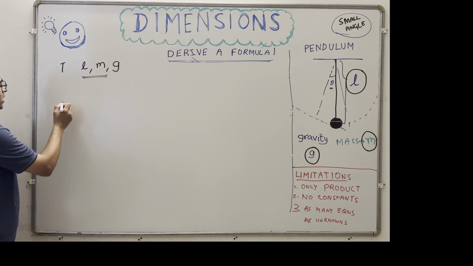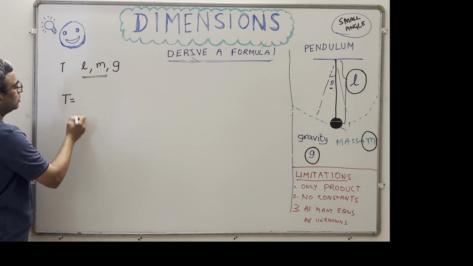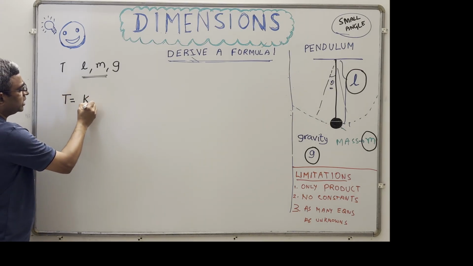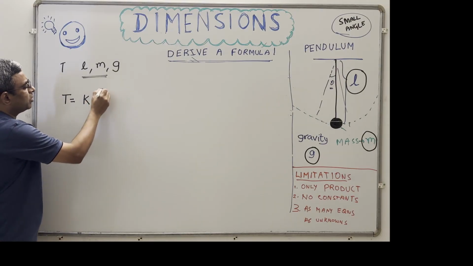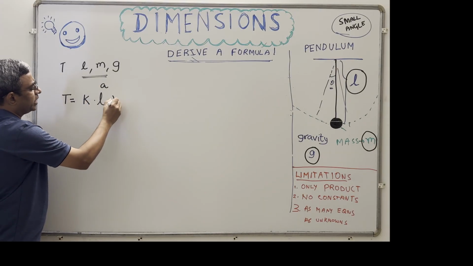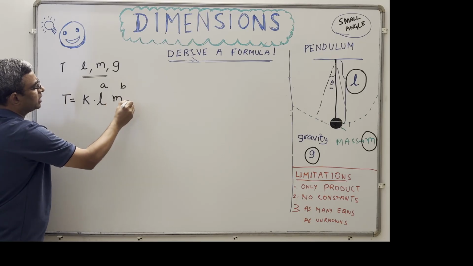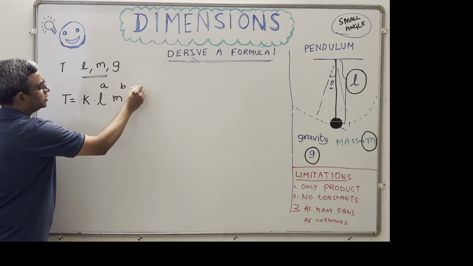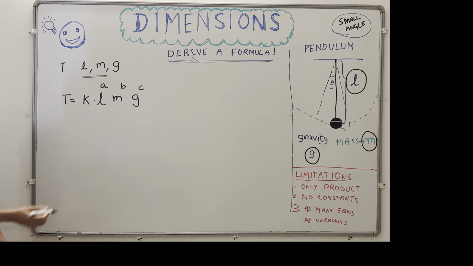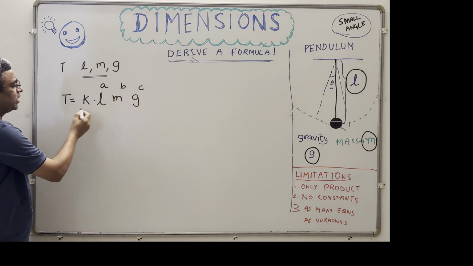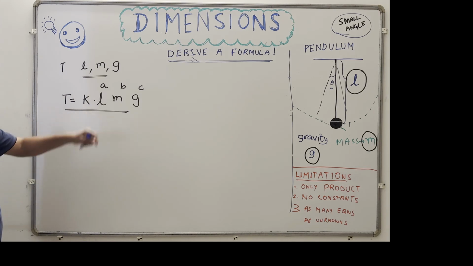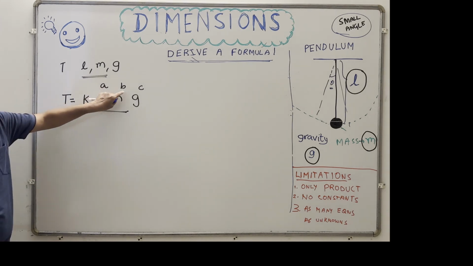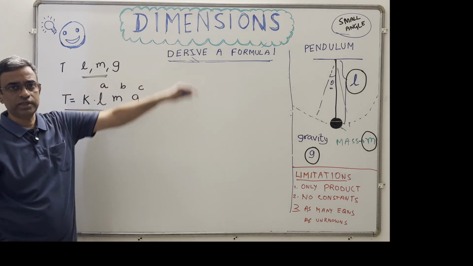So let us say the time period T is equal to some constant k into L to the power of a, m to the power of b, and g to the power of c. Some constant, some numbers, where this is dependent on this. Now let us see how we can find out what a, b, and c are using dimensions.